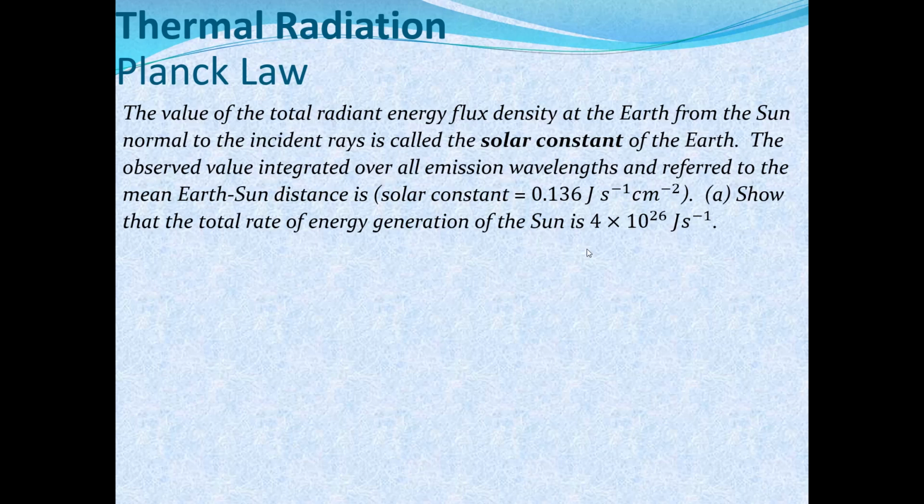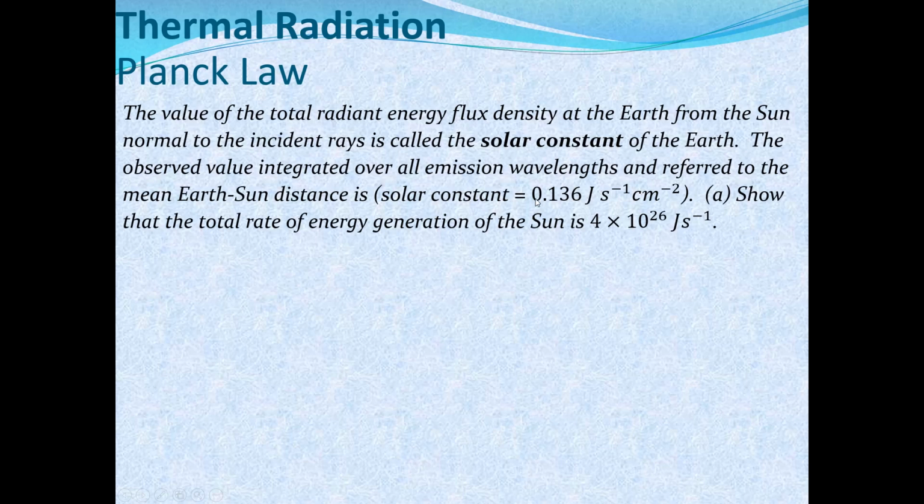All right. So here they say the total energy flux at the Earth based off of the sun is called the solar constant. We could do this by basically integrating along the emission wavelengths based off of the Earth Sun distance.